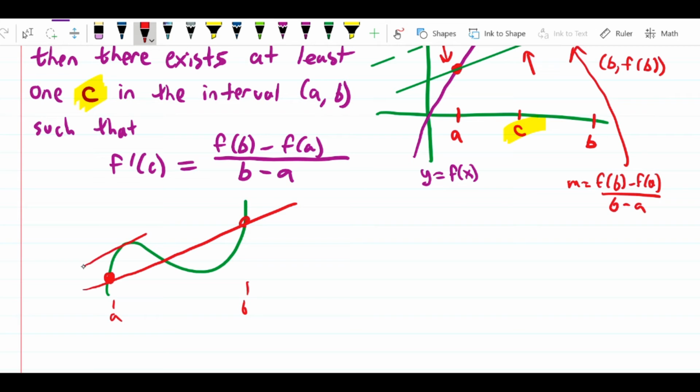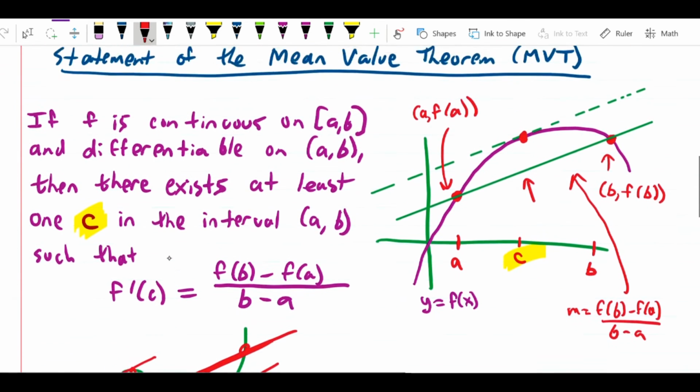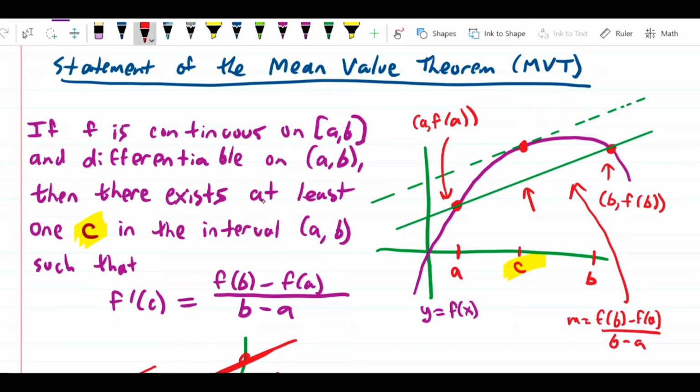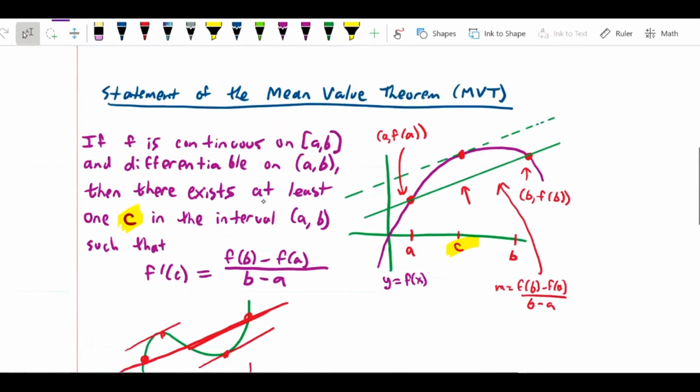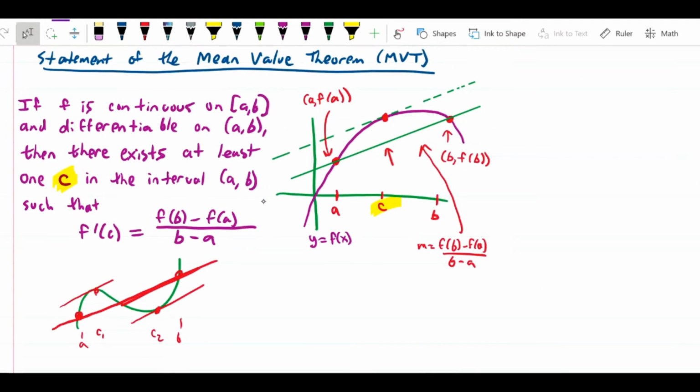What you can see is that here there would be two tangent lines that are parallel, and therefore there would be two numbers, let's say c1 and c2, where the tangent line is parallel to the secant line. And that's what the theorem asserts. It says there exists at least one c. It doesn't foreclose the possibility that there's more than one. So there's the statement of the mean value theorem.